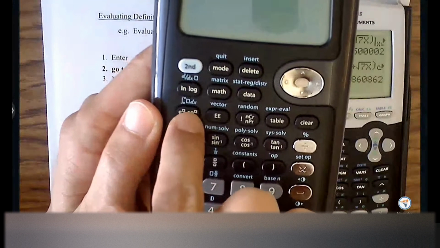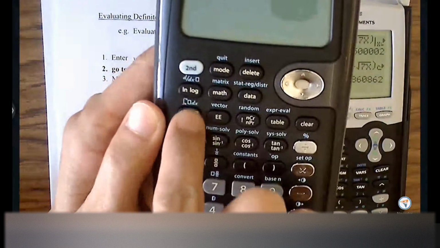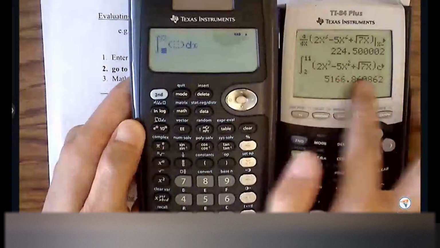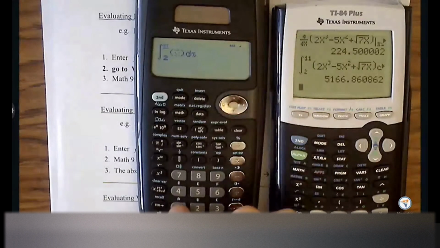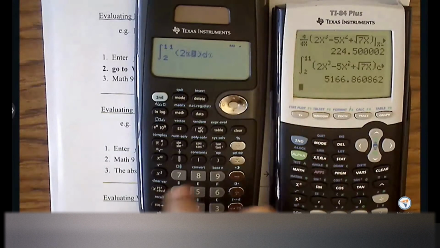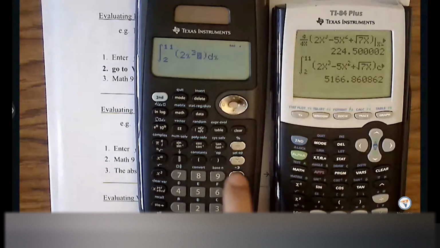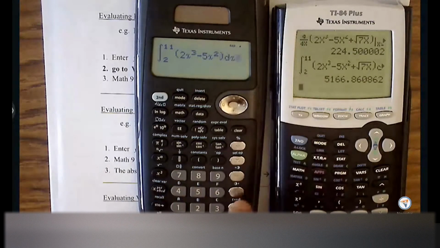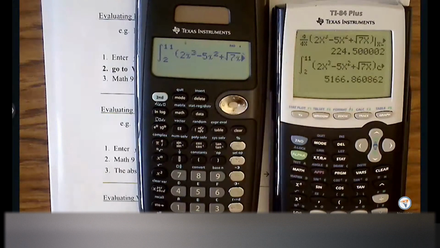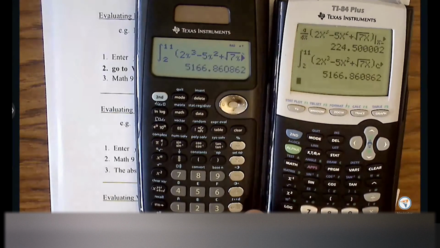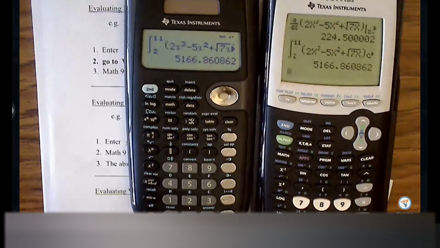So do second e, and you're going to enter everything like how we did before: lower bound, upper bound. Okay, any questions?